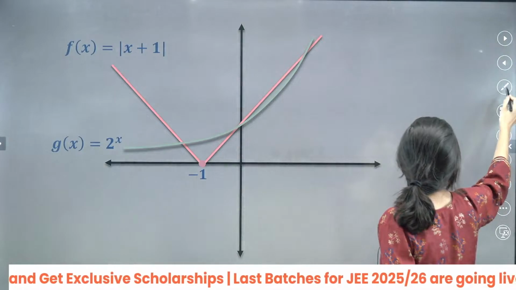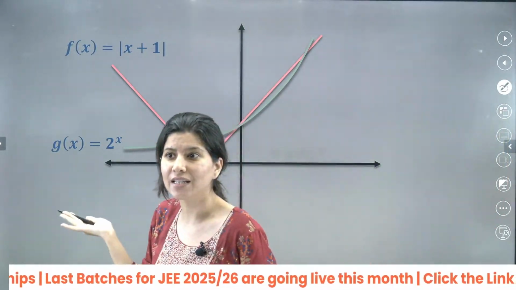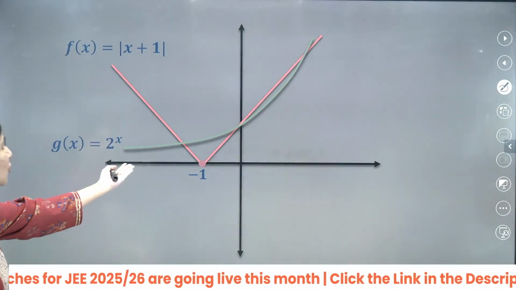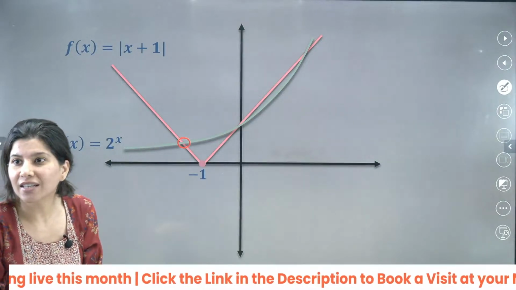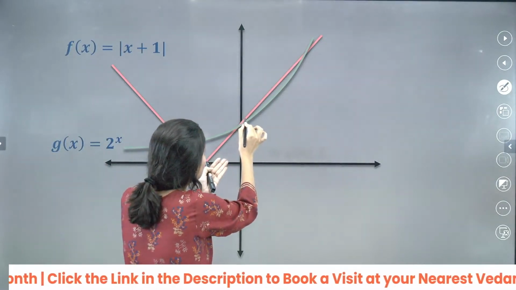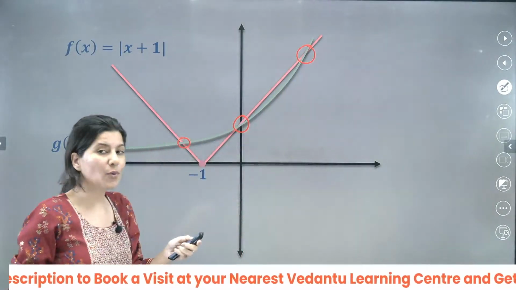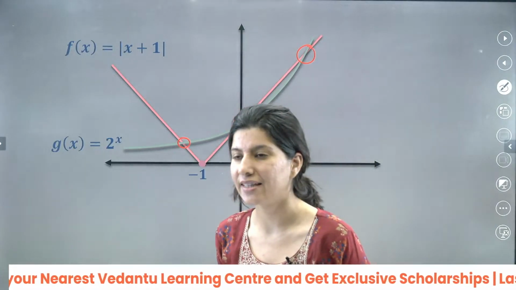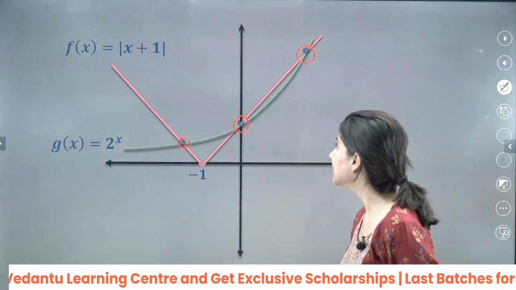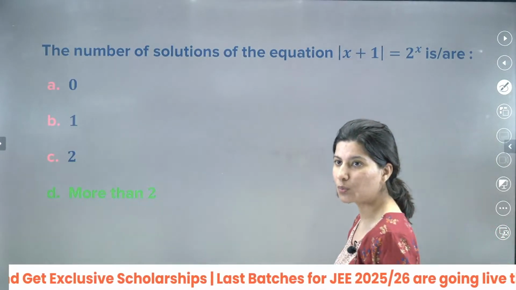And now you can intuitively see that this is point number 1, they are intersecting with each other. It is very clear. Now they are intersecting here, and here. So total 3 points of intersection, that is more than 2.